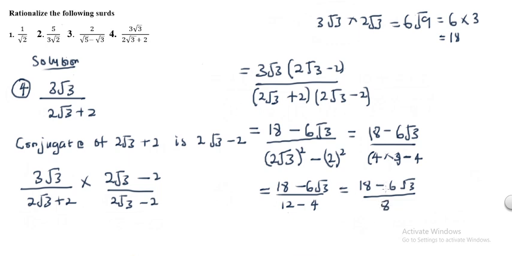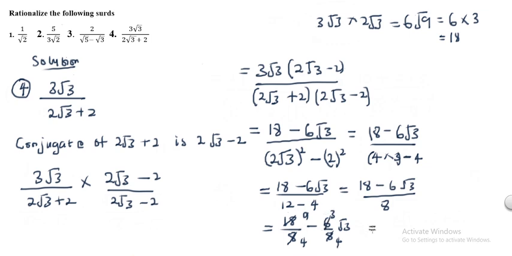So here we can separate the numerator over the denominator and say this is equal to 18 over 8 minus 6 over 8 root 3. We know that 2 can go into 8 four times, into 18 nine times, into 8 four times, and into 6 three times.